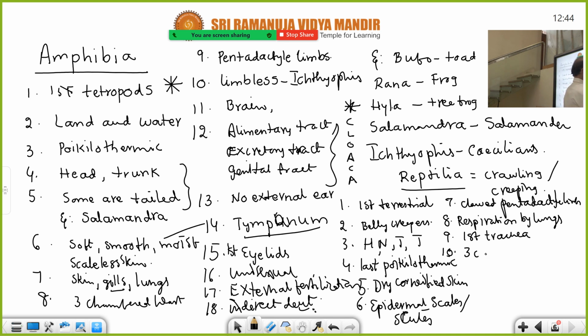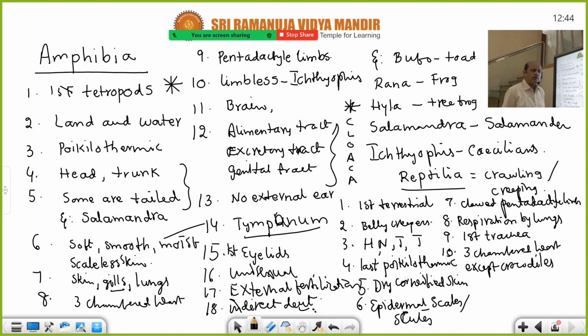And three-chambered heart is present generally in all reptiles except crocodiles. Four-chambered heart, two atria and two ventricles, first time developed in the crocodiles.